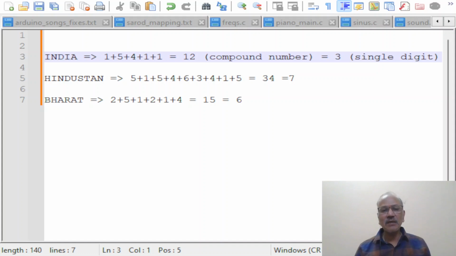The single digit number 7 is also not a very good number. Number 7 is associated with Neptune, a planet that is very, very far away from the Earth. Okay, it's ice cold.